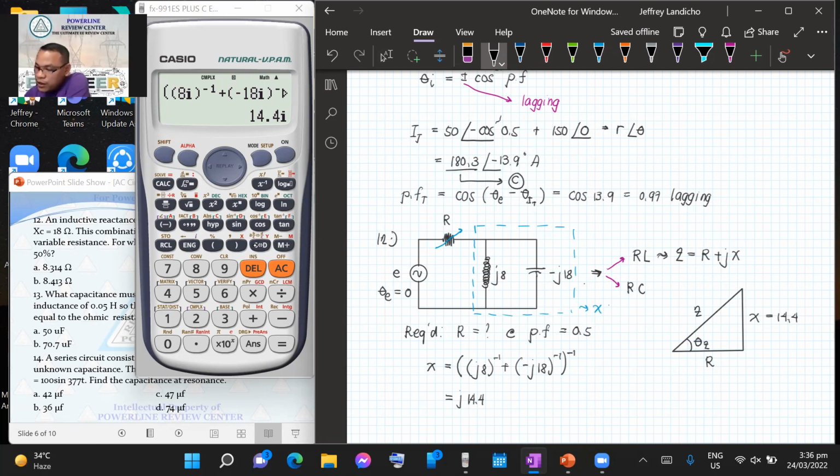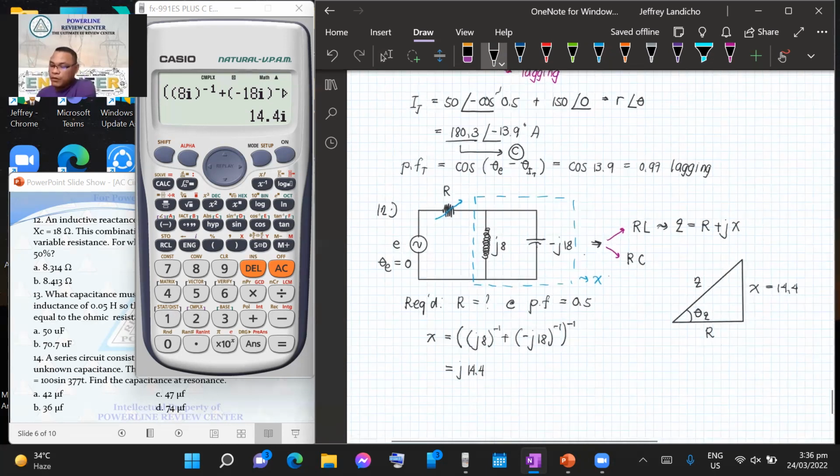Theta sub Z. So based doon sa ating power factor, alam natin power factor is always cosine theta. At alam natin, kapatid, this theta is always equal to the angle of your impedance.